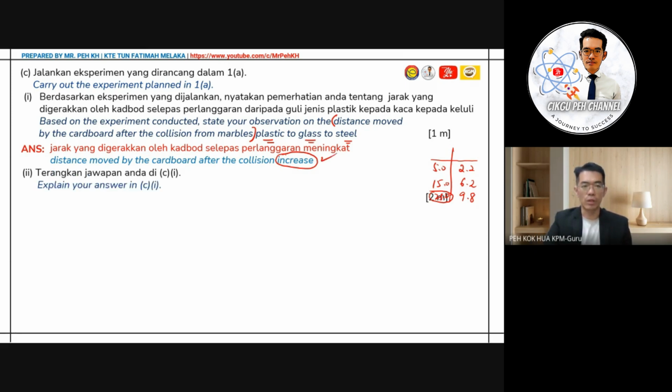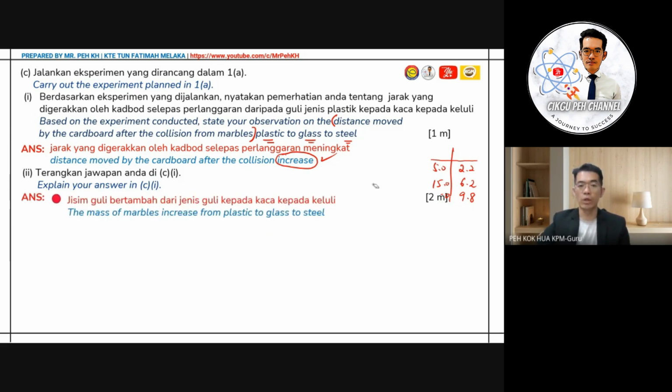Then the second question asks you to explain, 2 marks. So explain your answer in C1: why, when the mass increases, the distance moved by the cardboard after collision will increase. First, you have to give that because the mass increases from the plastic to glass to steel marbles. So this will be the first mark.